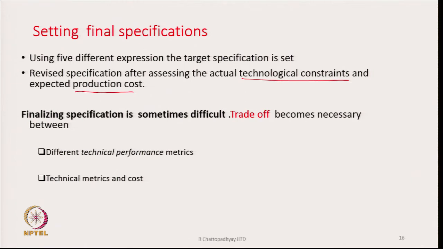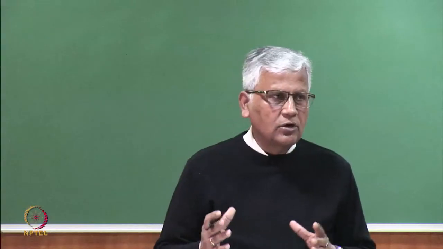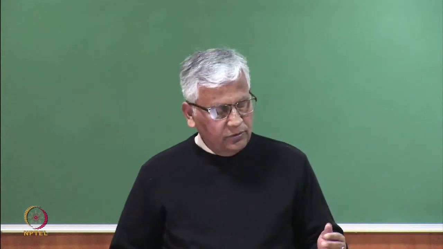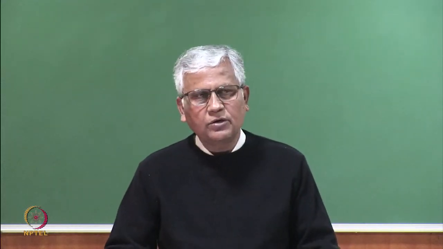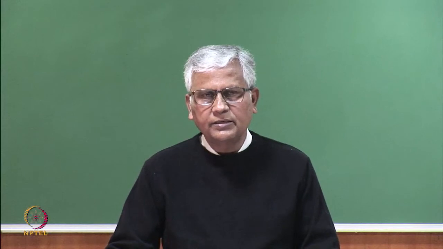So, we first develop a set of specifications, and now we analyze whether we have a technological constraint from the manufacturing point of view. I may not have the technology to achieve those specifications because I do not have the machines that I need for it.